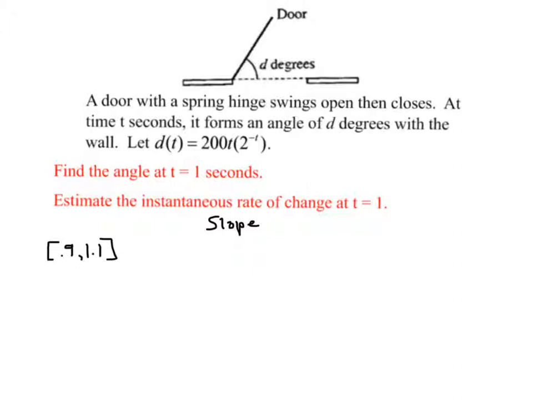Okay, so again, we're trying to estimate the instantaneous rate of change at 1. So think about what, if this looked like this, and we want to know the slope here, we're going to pick a point on either side, find the slope between those points, and say, oh, that's a pretty good estimate of the slope at that red dot.